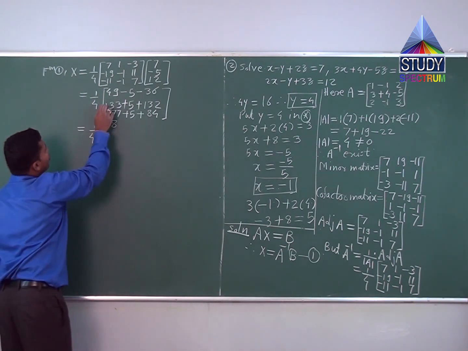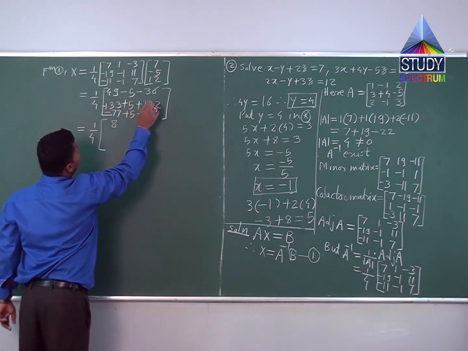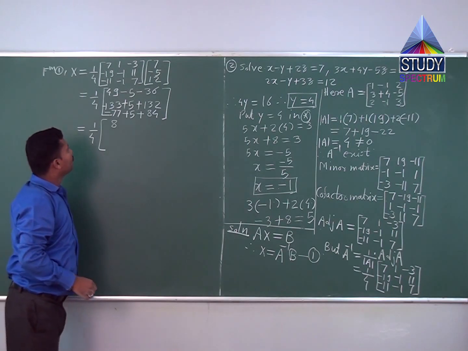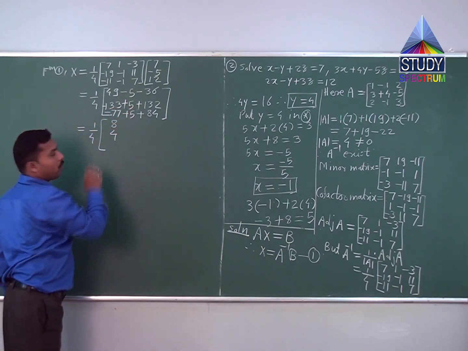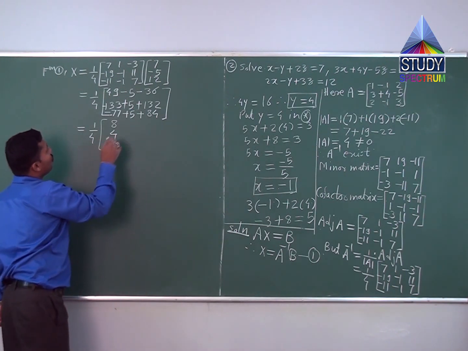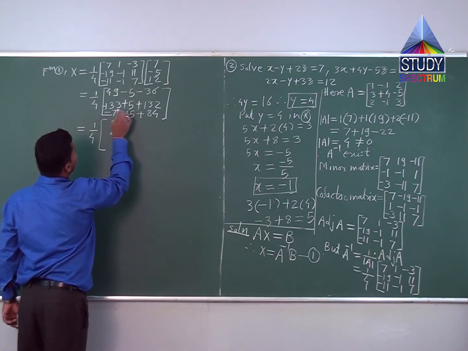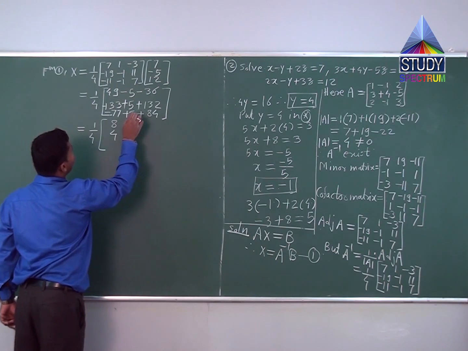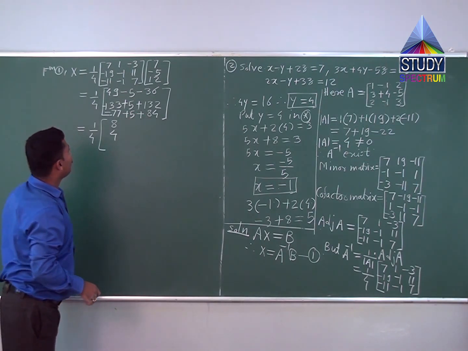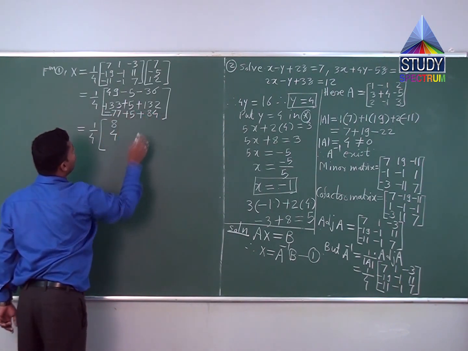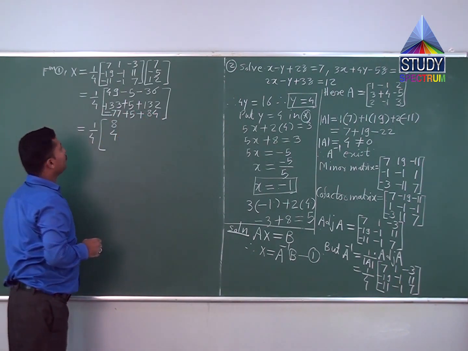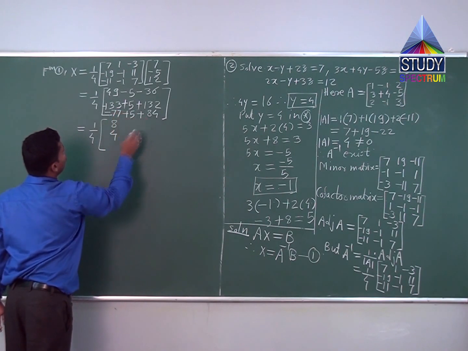Again here is minus 133 plus 132 means minus 1, plus 5, 4. Here is also minus 77 plus 5 means minus 72, minus 72 plus 84 means 12.